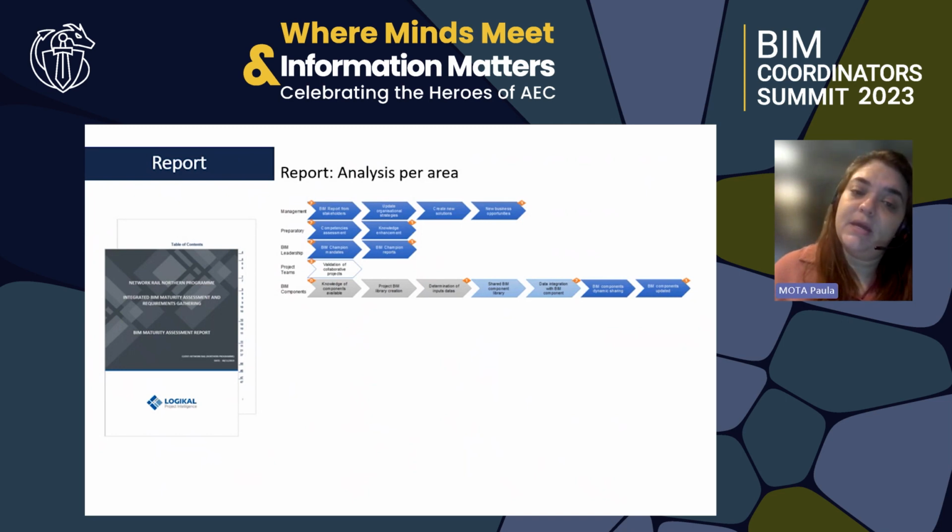And for each topic, we decide, and when I say we, it was me and the team, the client team. So it was really engaging for them. We decide what the steps are for them to achieve level 2 and then level 3.